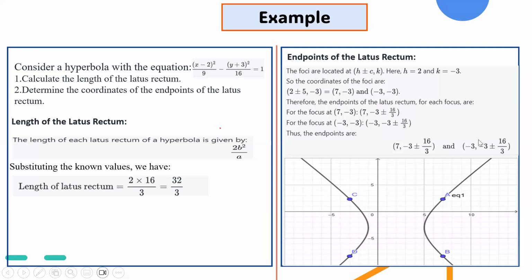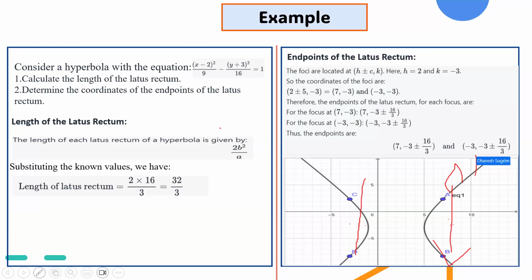So I would like to do a little annotation here. For the foci, for the first one, we have the point 7, negative 3. As I go on the graph, it should be somewhere there. And for the other one, it is negative 3, negative 3, which should be somewhere around there. As I draw these lines here, you can see that these points will have the endpoints.